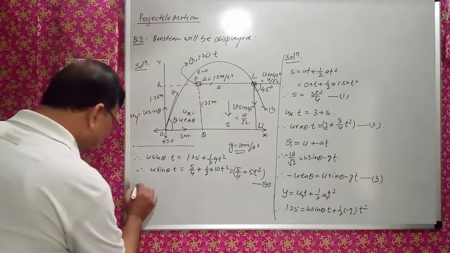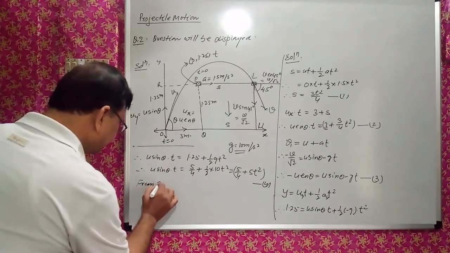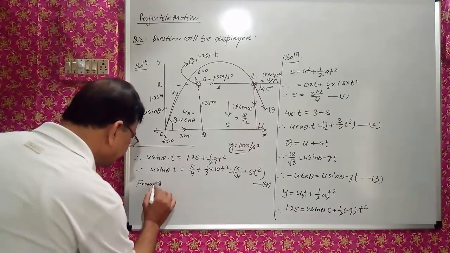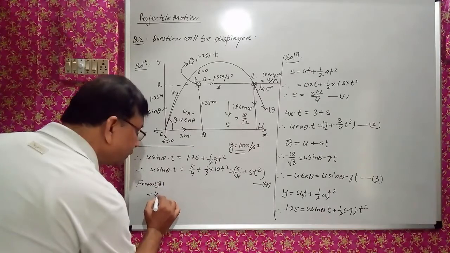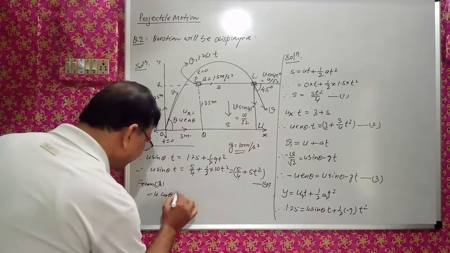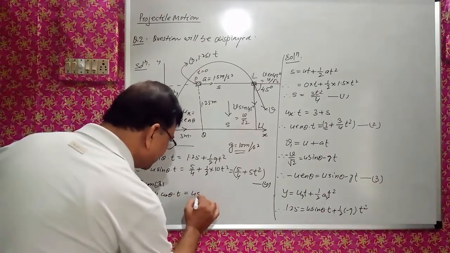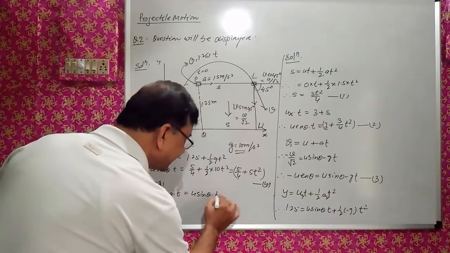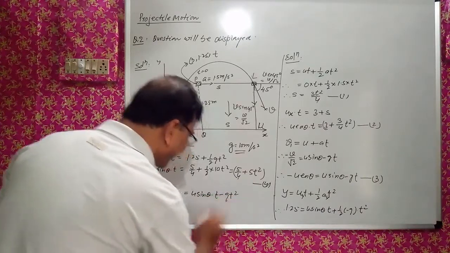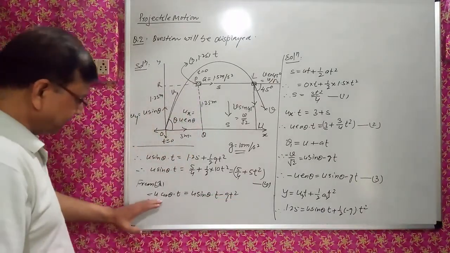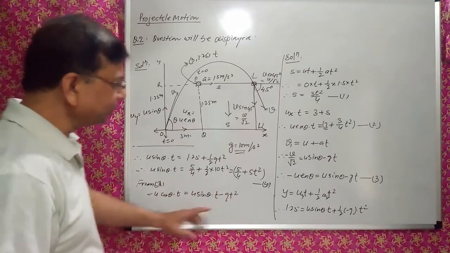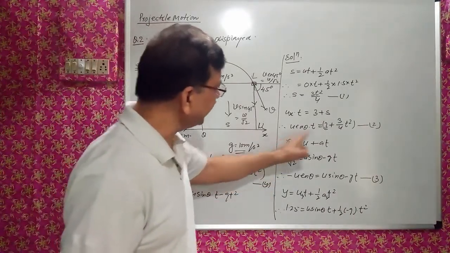So, from 3, that is minus u cos theta into t is equal to u sin theta into t minus gt square. Now put the values. Minus u cos theta t. U cos theta t is what? Here.